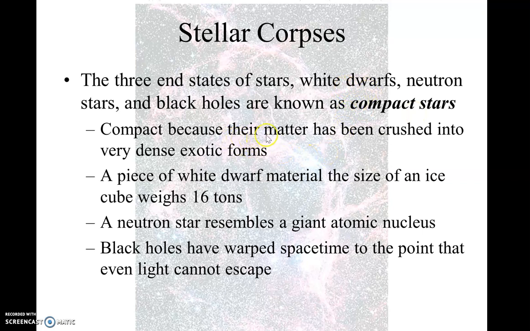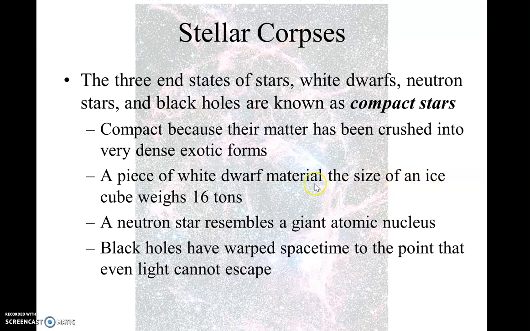And in these compact stars, the matter has been crushed to an unusual state. We'll discuss that in much more detail. For example, a very typical thing that people in astronomy like to talk about is a little cube, like an ice cube size.